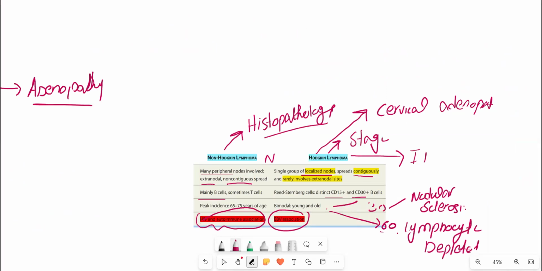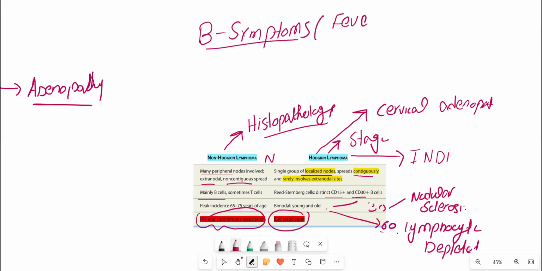What are the B symptoms? B symptoms are fever and night sweats. They are present in both types of lymphoma, non-Hodgkin and Hodgkin lymphoma.